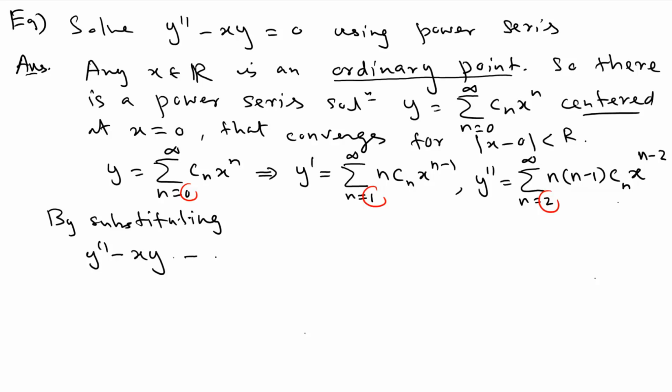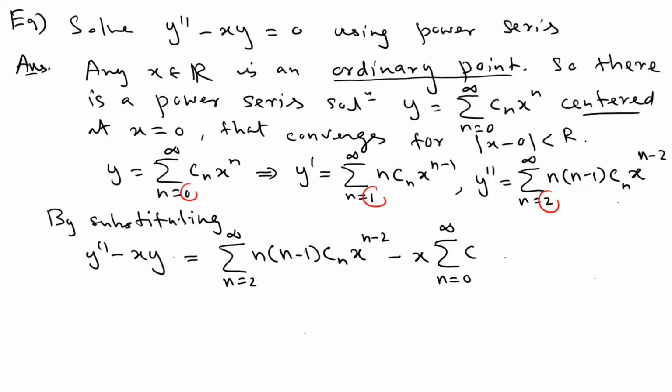We only need to plug in for 2 terms, so let's do that. So this is sigma n equal 2 to infinity n times (n minus 1) c_n x^(n minus 2) minus x times y. So this is n going from 0 to infinity c_n x^n.